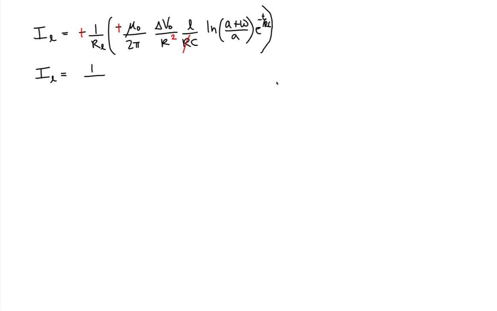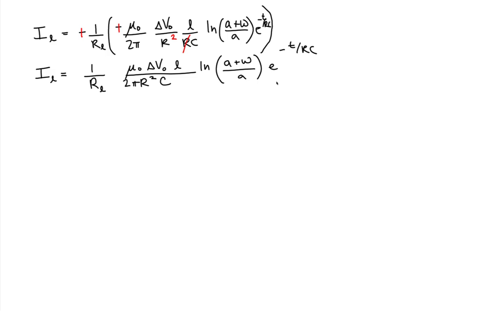So this is 1 over the resistance of the loop times mu naught, the potential difference of the initially charged capacitor, L over R squared C, and we have a 2 pi down here, natural log of A plus W over A times e to the minus t over RC.